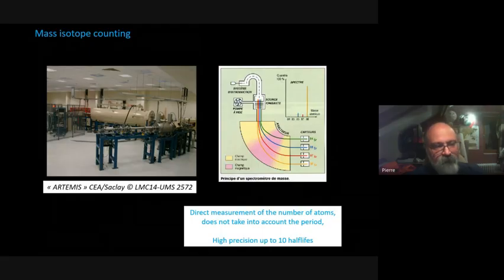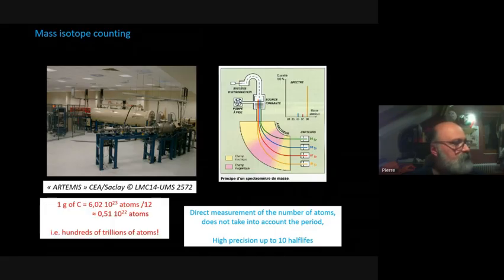You can do that quickly, and it's more precise than using a gamma spectrometer. For example, for C14, now we can work with a few milligrams of material. With gamma counting, we need more than 10, sometimes more, grams to do the same analysis. So you see, it's better to use mass spectrometry.